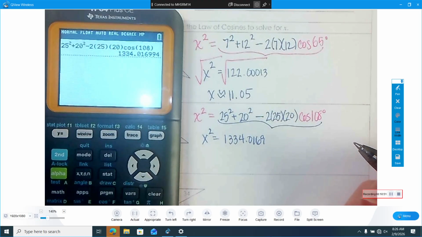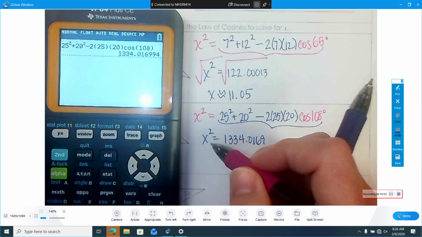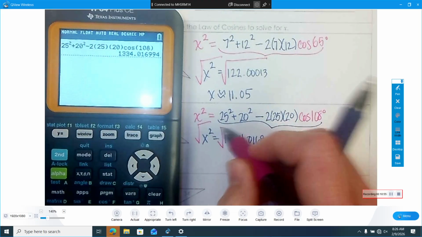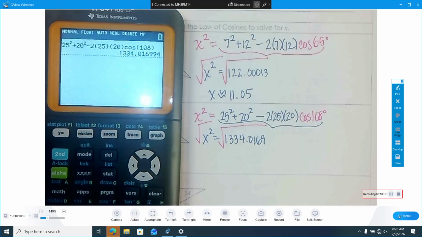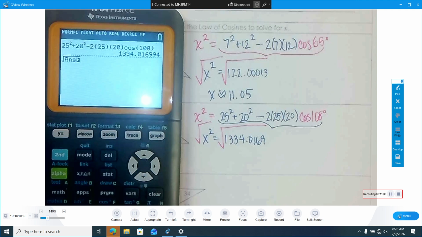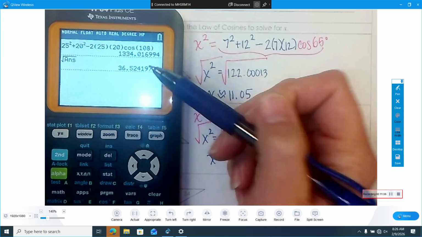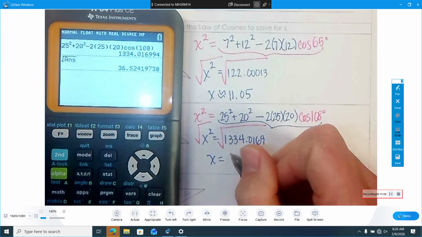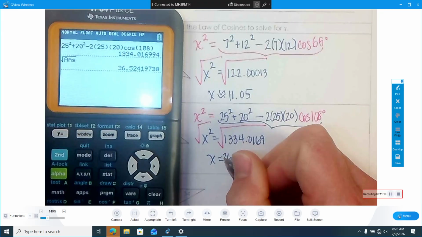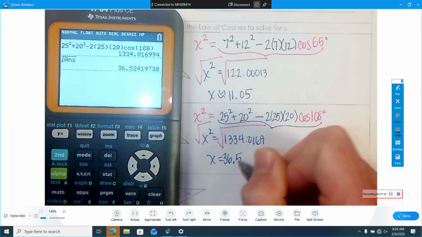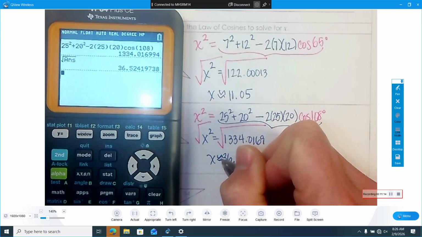What should we do? Square root. Square root both sides. So again, do a square root of the answer. It's really important that you pull in that whole answer. Do not round it off. You will get it wrong every time in Delta Math. So 36.52 approximately.